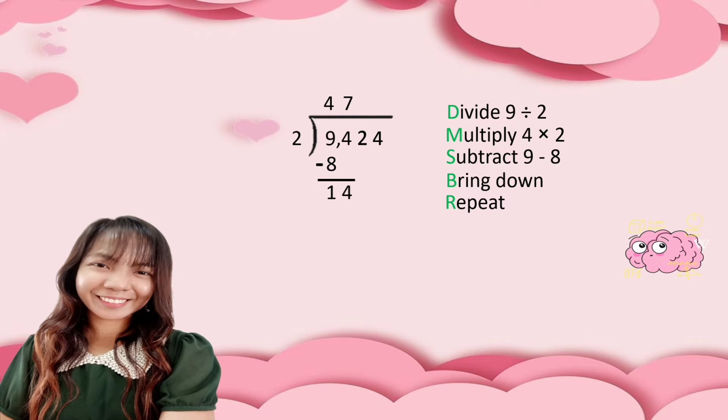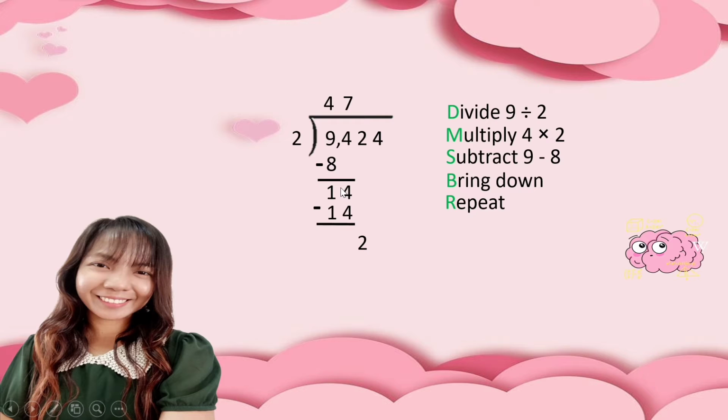After you divide, multiply. 7 times 2 is 14. After you multiply, subtract. 14 minus 14, 0. After you subtract, bring down. Let's bring down number 2.